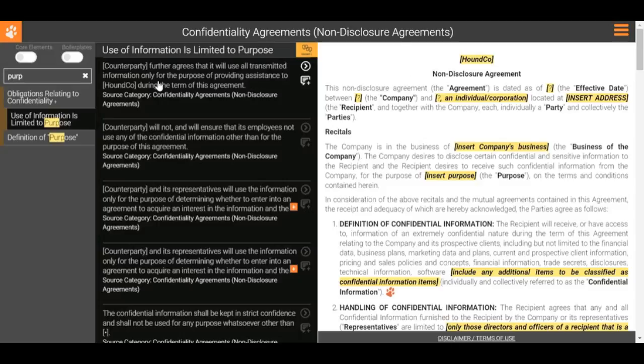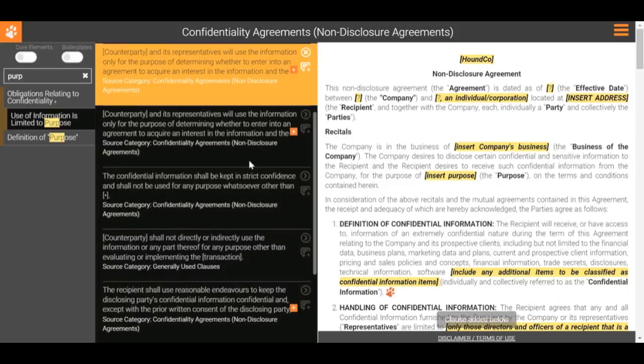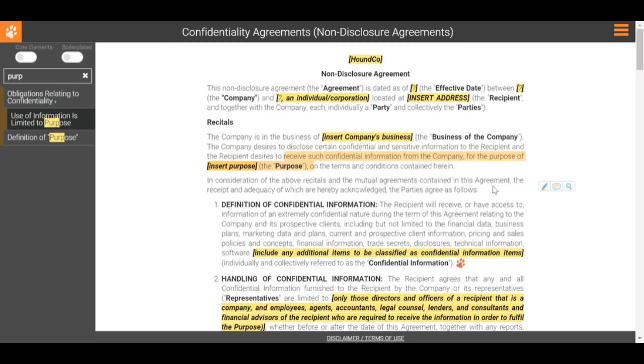As you can see, the use of information being limited only to that purpose is a very frequent clause that we've captured through our knowledge database through past transactions. As well, the definition of purpose is set out clearly in the beginning of the agreement.